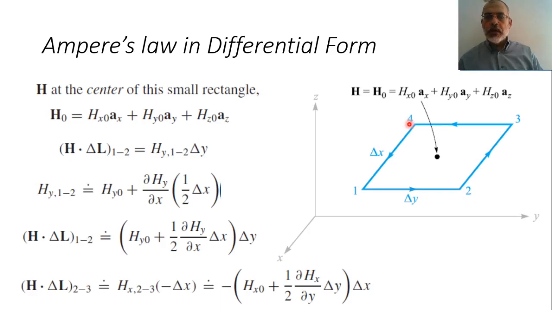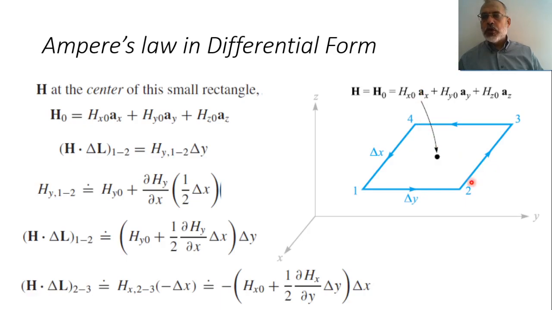In a similar way, we can obtain the integration along the path from 2 to 3. In this case, delta L is delta x in the negative x direction. So H dot dl would contribute only to the x component of the magnetic field.